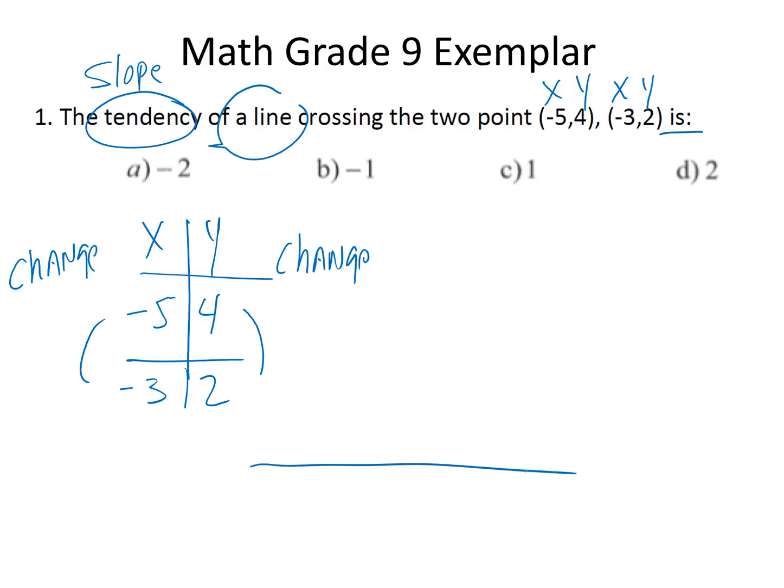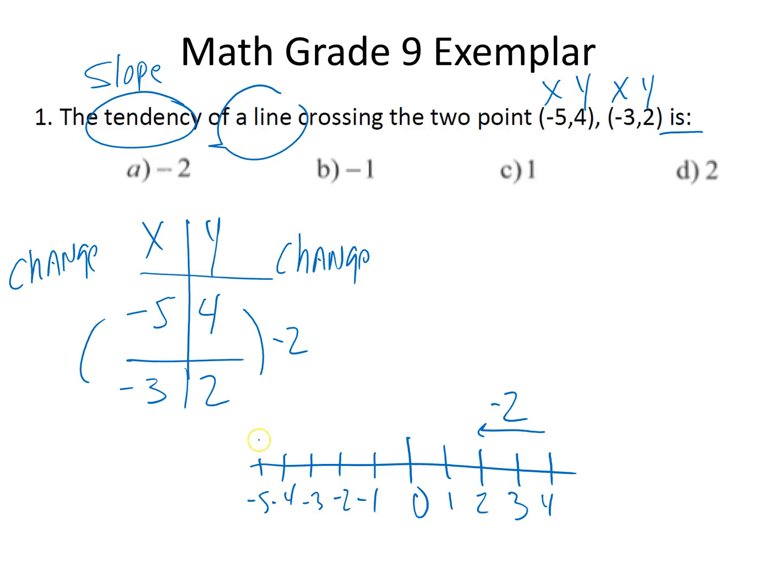So if I make a number line, 1, 2, 3, 4, 1, 2, 3, 4. From 4 to 2 is -2. 1, 2, 3, 4, 5, -1, -2, -3, -4, -5.